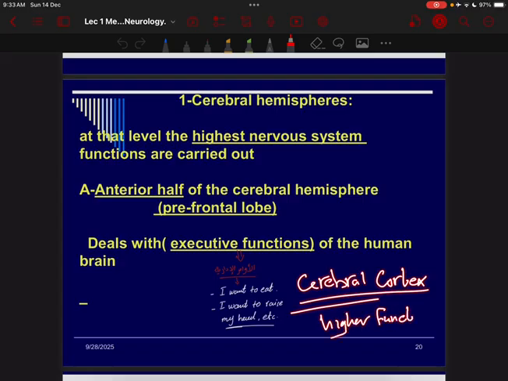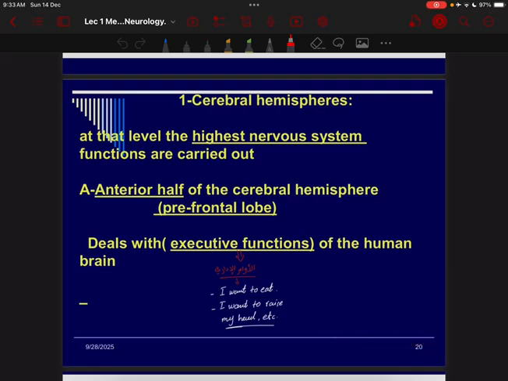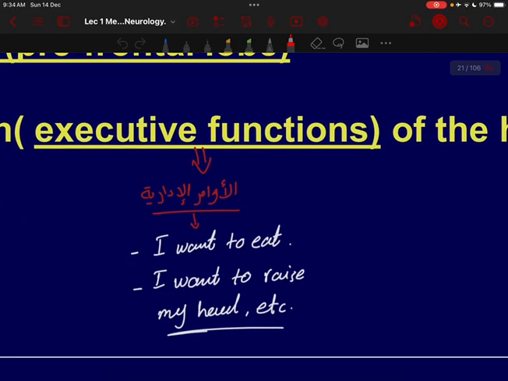So, the anterior half of the cerebral hemisphere, for example, the frontal and prefrontal lobes, deal with the executive function of the human being. The prefrontal is very important: decision making, behavior, and others.